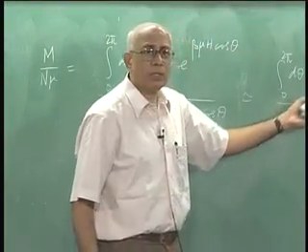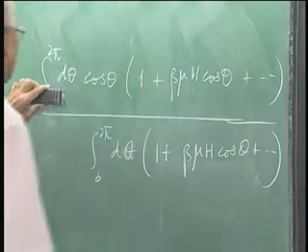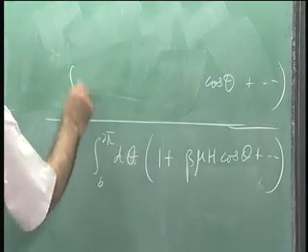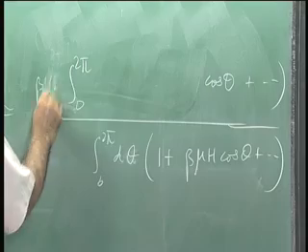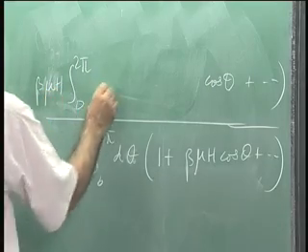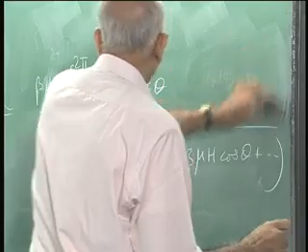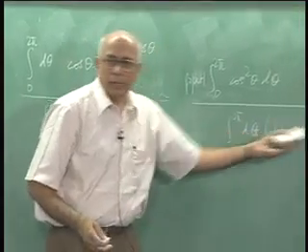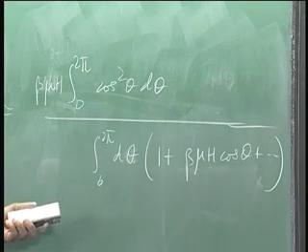What is d theta cos theta from 0 to 2 pi? That is 0, so I get rid of that immediately and I get a beta mu h times the integral of cos squared theta d theta plus higher orders, divided by what is in the denominator? The first order term in H goes away, and you just get a 2 pi in the denominator.